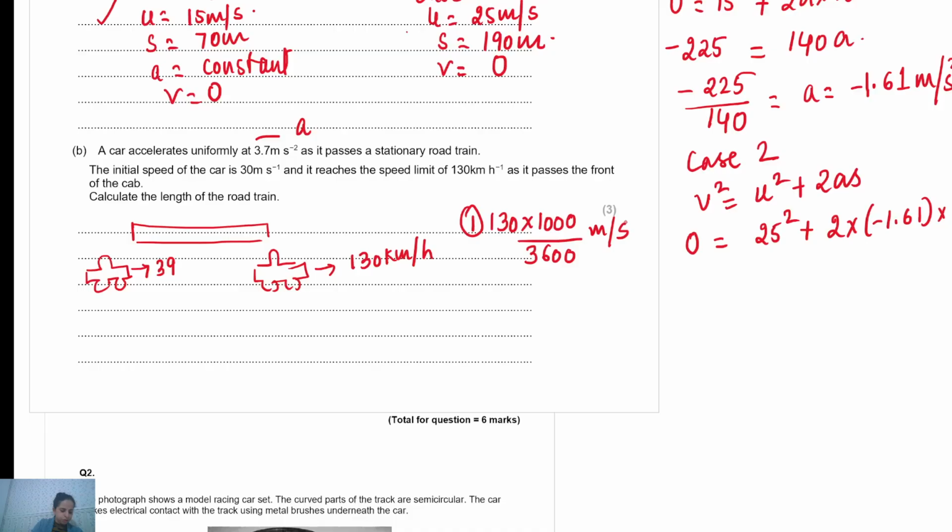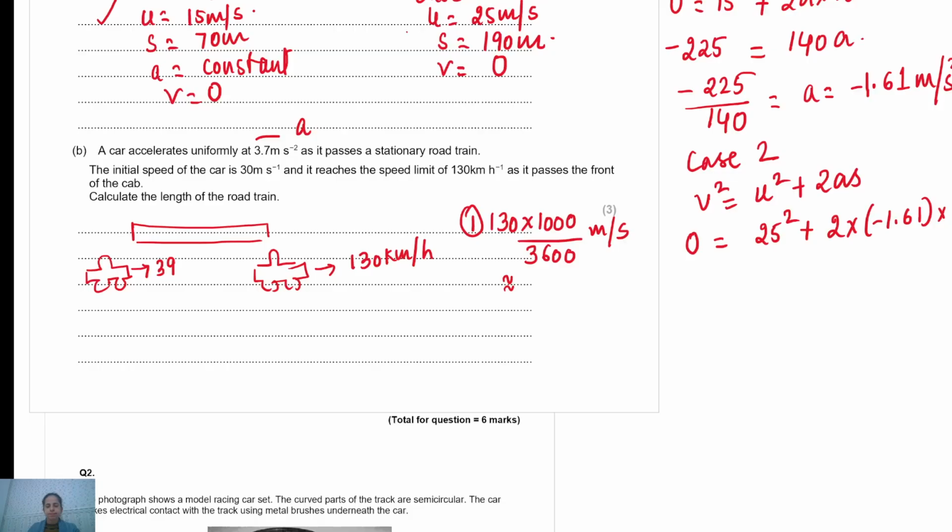And then calculate the length of the road train. So what do you think? Which formula should we be using? If you have an initial speed and you have the final speed, what formula do you think you should be using? Yes, that's right.